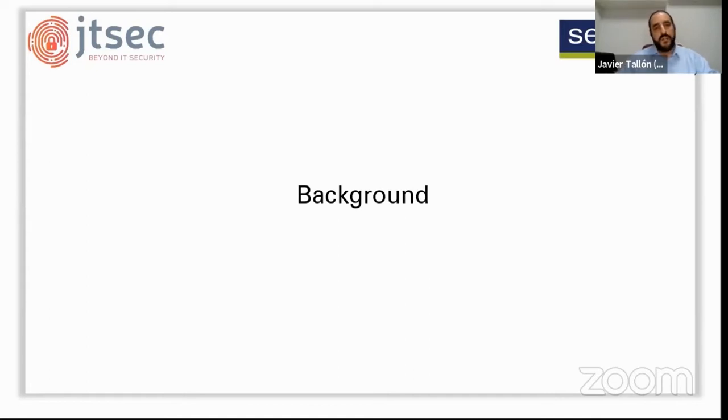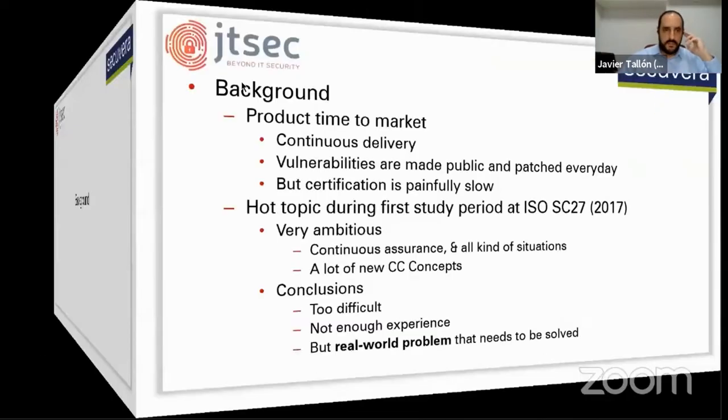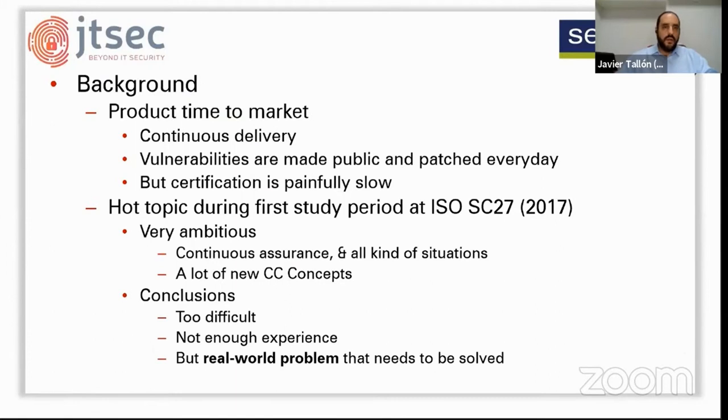Let me start providing you a bit of background. Next slide, please, Sebastian. Everyone in the room knows that every day that passes, we are facing a more complex threat landscape with constant updating and patching.